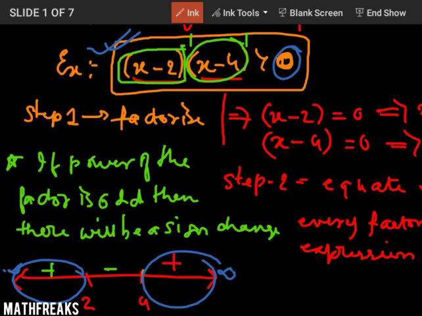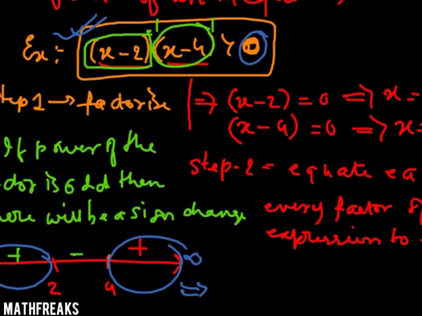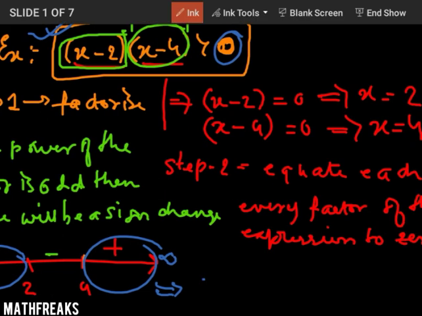So finally, how to write the set of solution? Okay, I have not taught you the interval notation, I will teach you after this. So we will write this as minus infinity comma 2 union 4 comma infinity, right?